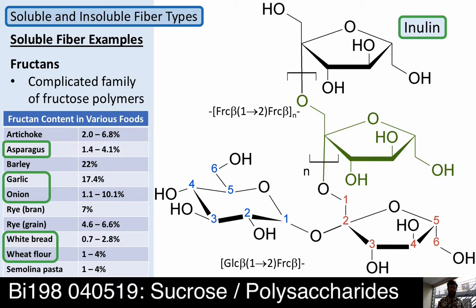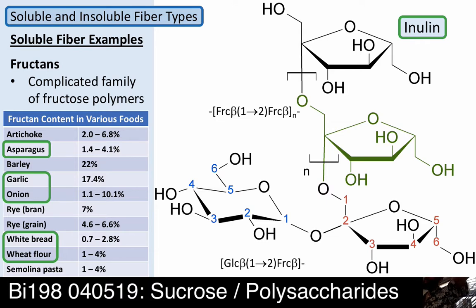Some more soluble fibers. Well, they're the fructans. And the fructans are a large family of polymers that have fructose in them. You get fructans in a whole host of foods. This fructose, remember, this is fiber. So this fructose is not fructose that's free. It's tied up in the structure of the molecule, and your body is not processing it. So I know I'm putting this picture up here.